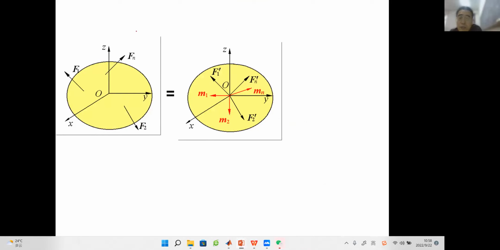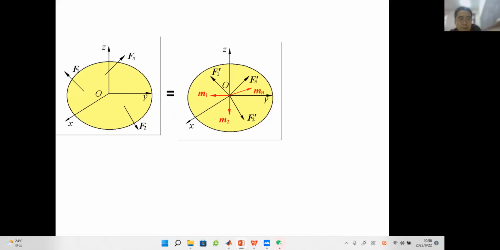We will just use the theorem of translation. We will translate all the forces using the translation theorem.